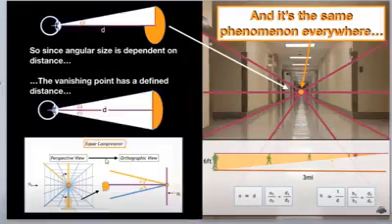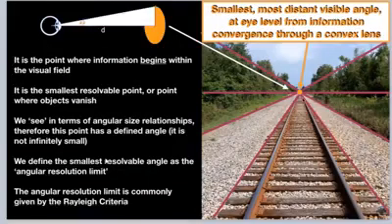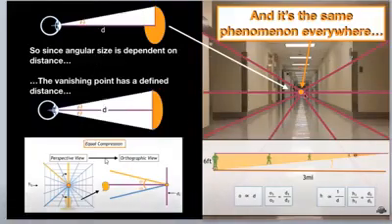So since angular size is dependent on distance, the vanishing point has a defined distance. And what I'm saying here is this thing is not going to change because I went indoors. It's the same phenomenon inside as it is outdoors. How I've defined the horizon distance is essentially that the observer height is proportional to their distance.